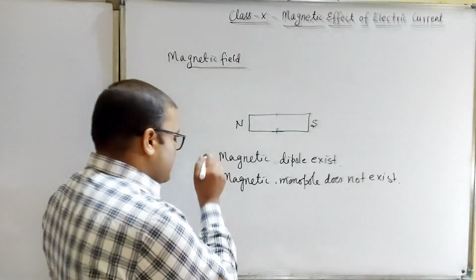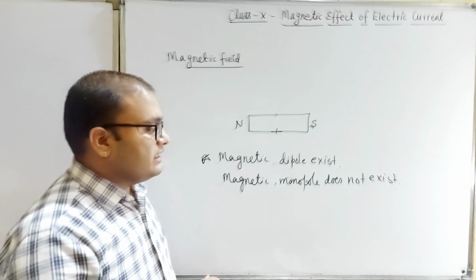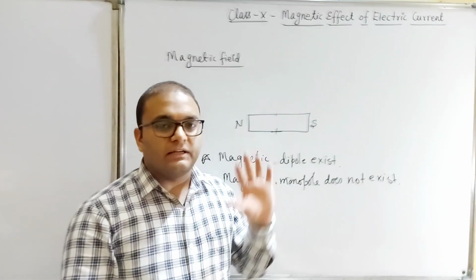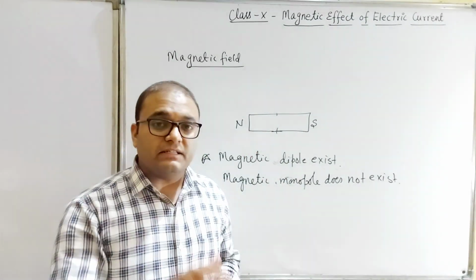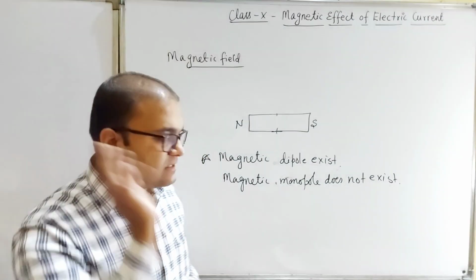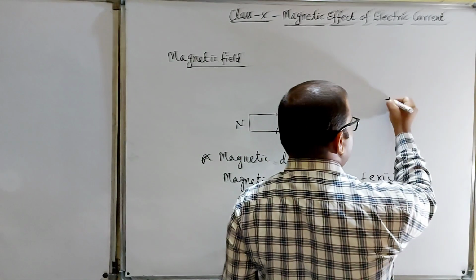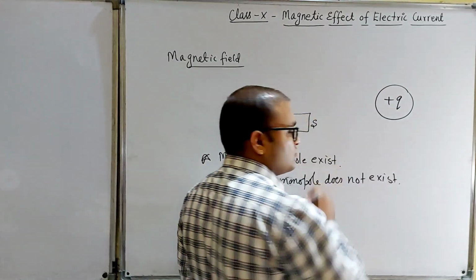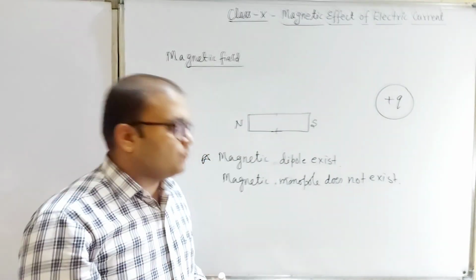But in case of electricity, there is an electric field also. In case of electricity, an electric monopole exists, means there is an existence of a single charge plus q. There will be an electric dipole also.